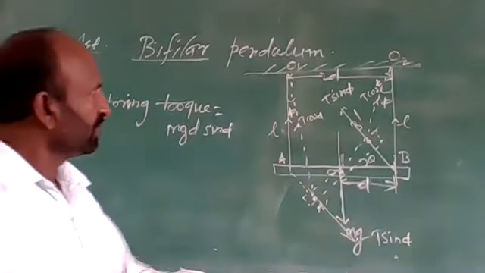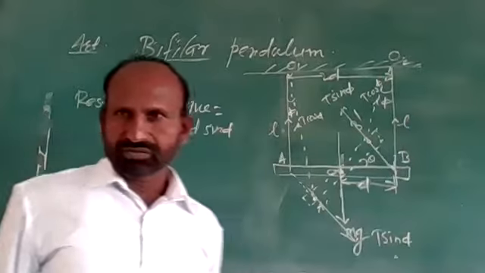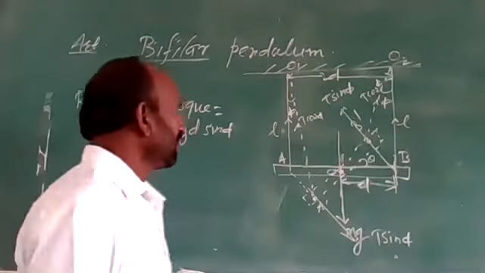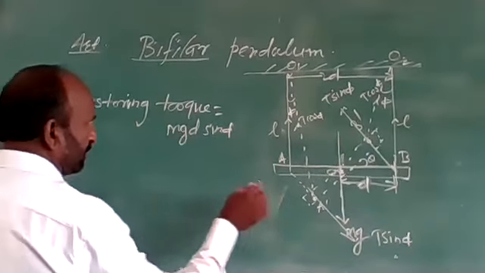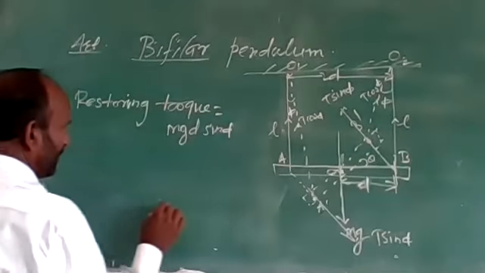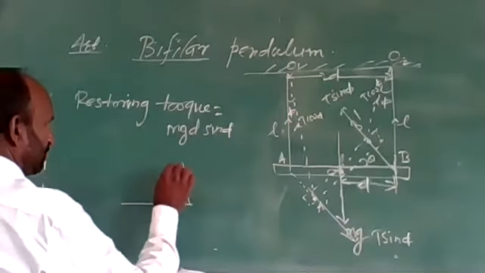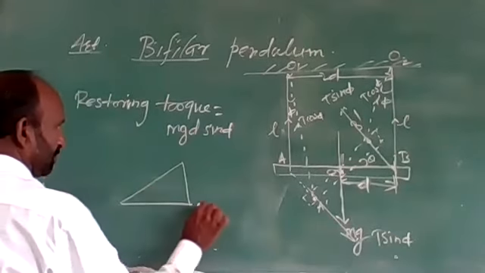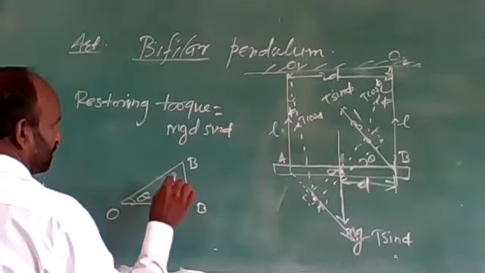Now see this triangle, another triangle. I will draw this triangle here. We are having one triangle here. I will draw here B. This is B dash, and this is O. This angle is theta.